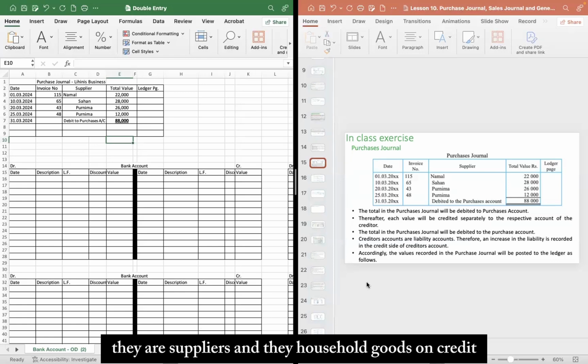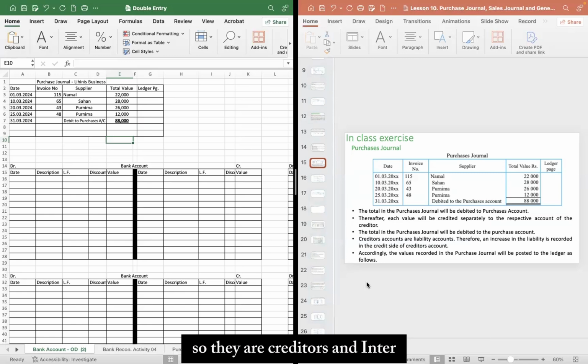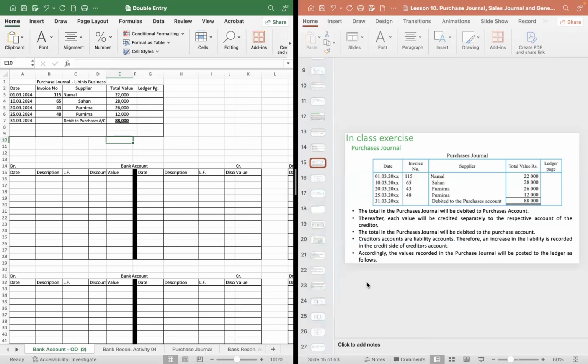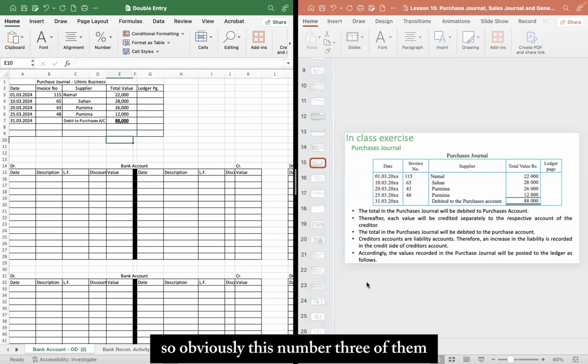They are suppliers and they have sold goods on credit, so they are creditors. Now Lihini is a debtor from Namal's side, but we are now talking about Lihini's business. So obviously Namal, Sahan and Purnima, three of them, are our suppliers who have supplied on credit. So they are creditors.